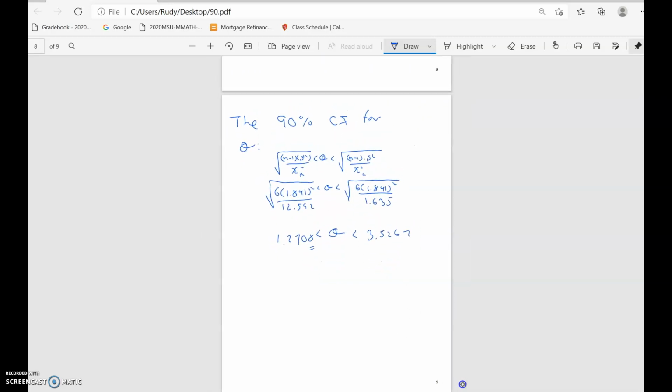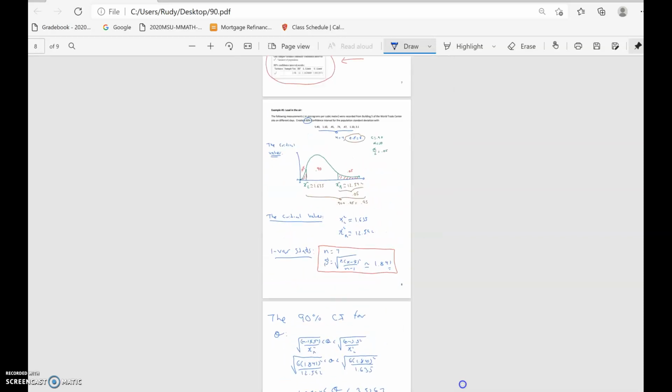So let me just rewrite it out: the 90% CI for sigma is 1.2708 to 3.5267. The units are weird. They're micrograms per cubic meter.